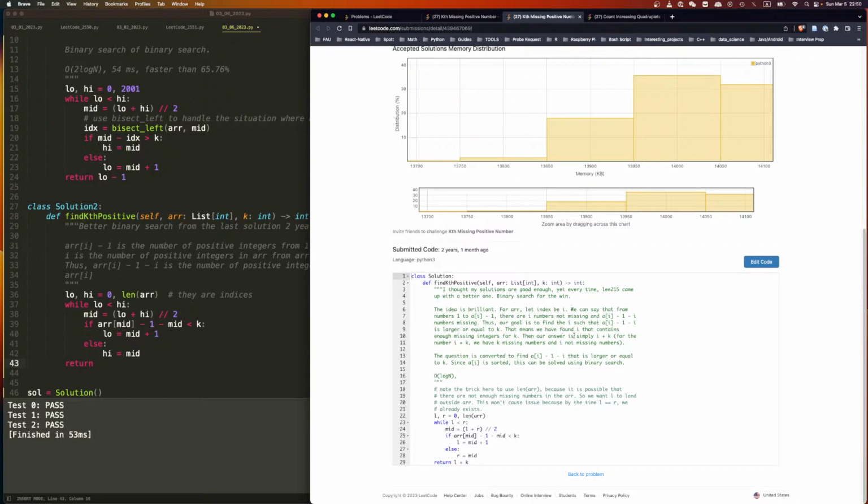We find I that contains enough missing integers.